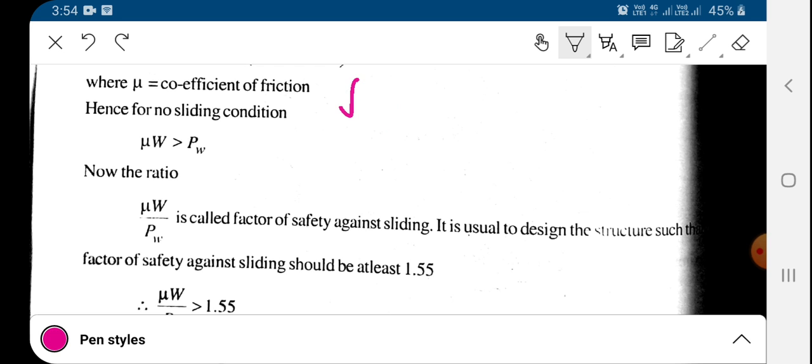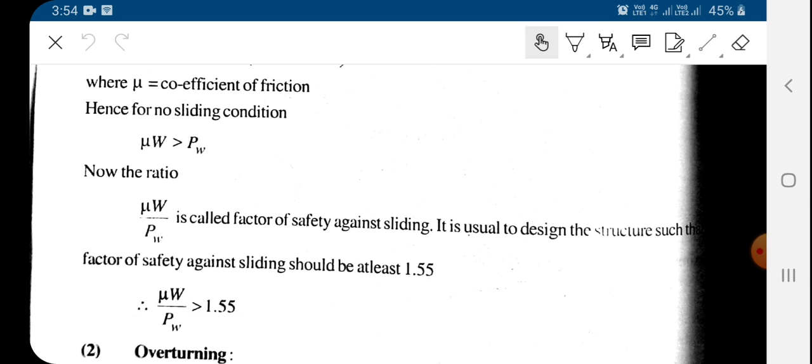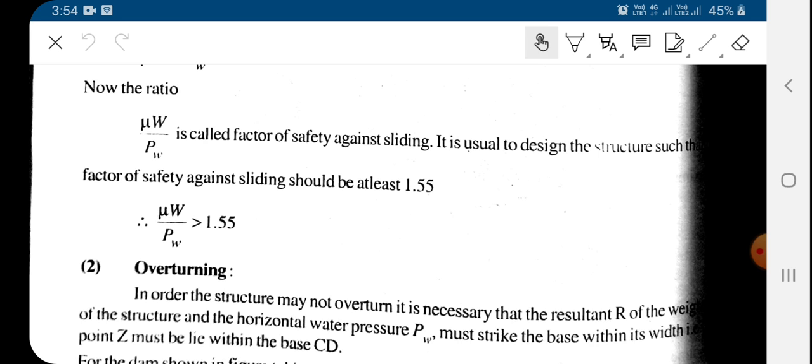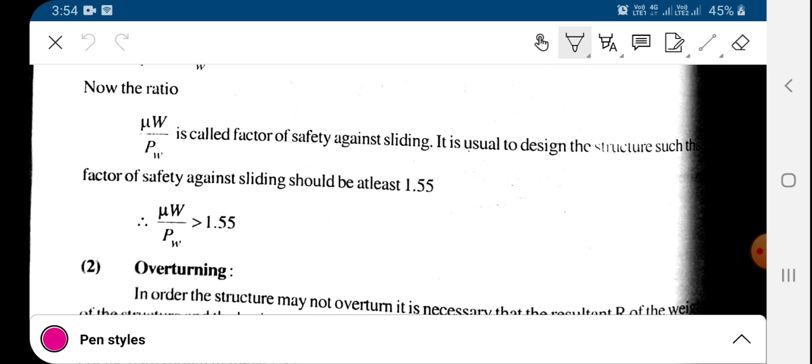As per the structural design consideration from IS 456, this ratio must be greater than 1.55 for the dam to be safe in sliding.